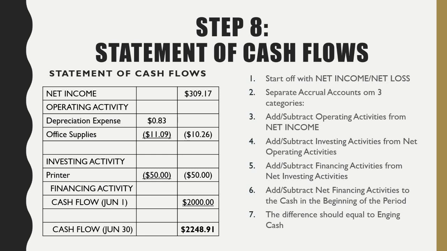Then you have your investing activities, which is more along the lines of your fixed assets. And then lastly is going to be your financing activities. So typically that's going to deal with either your long-term liabilities and your equity. So again, we'll pull those things in there.